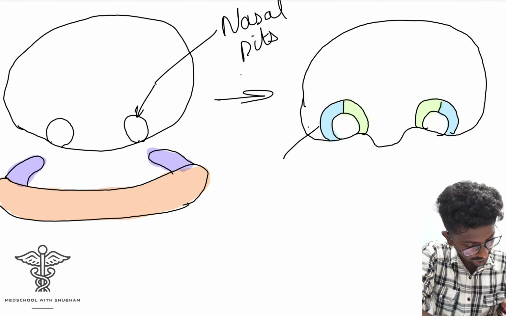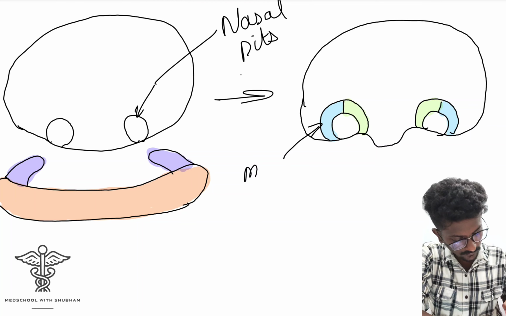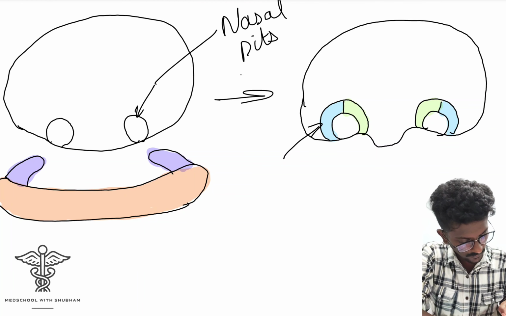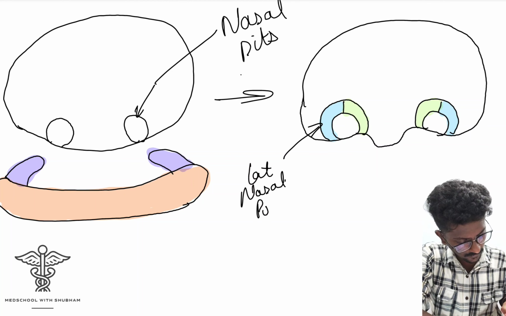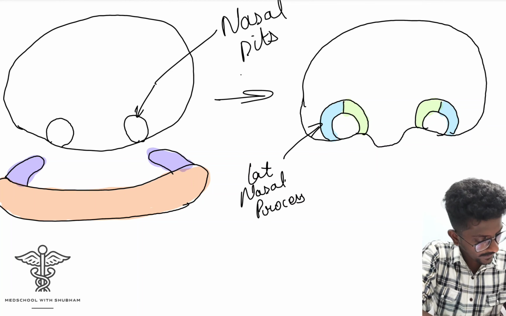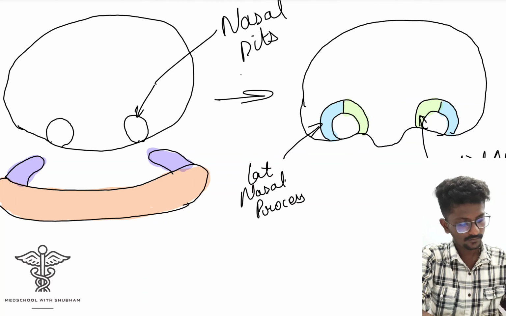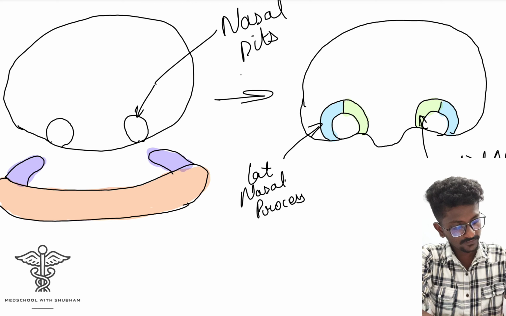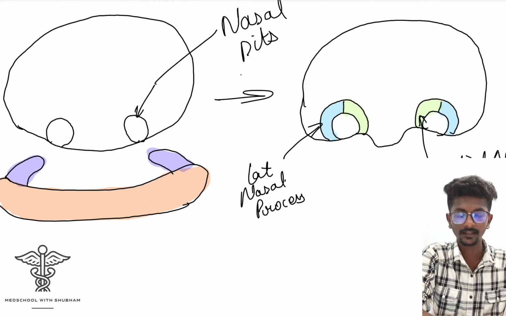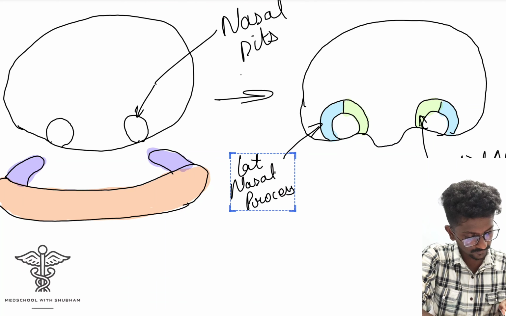This one is the lateral nasal process, and this one that you can see over here is the medial nasal process. So this was the development of the nasal processes and the nasal placodes.